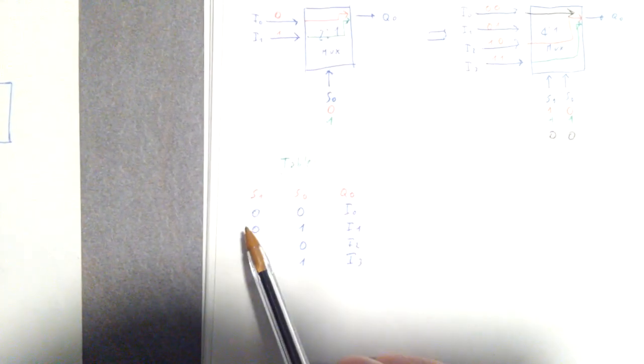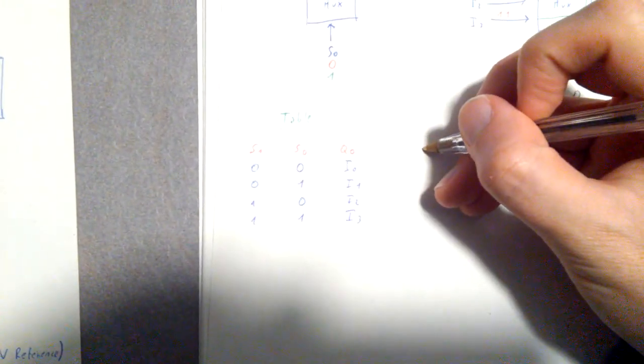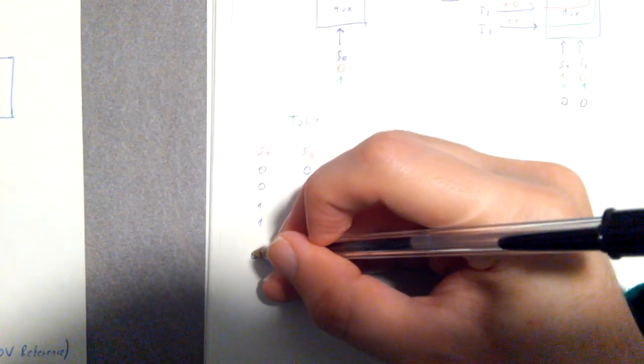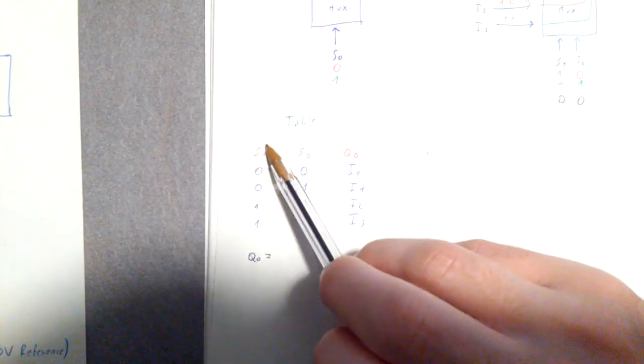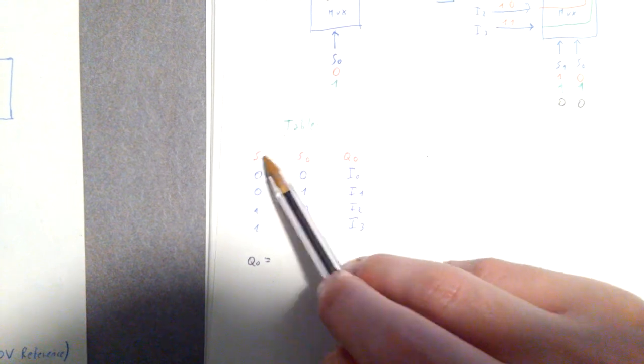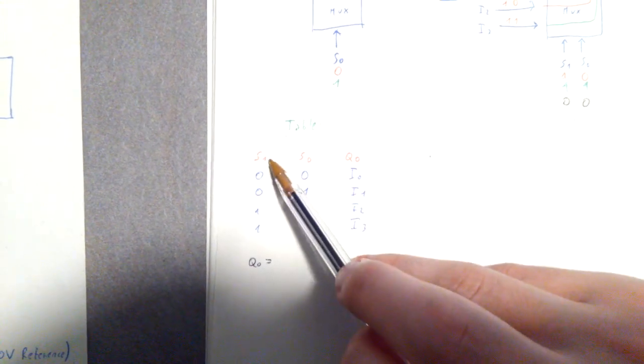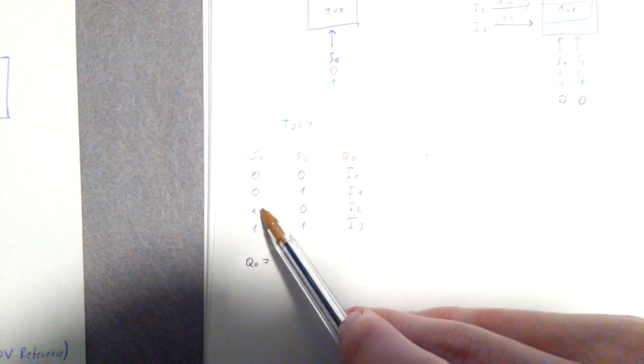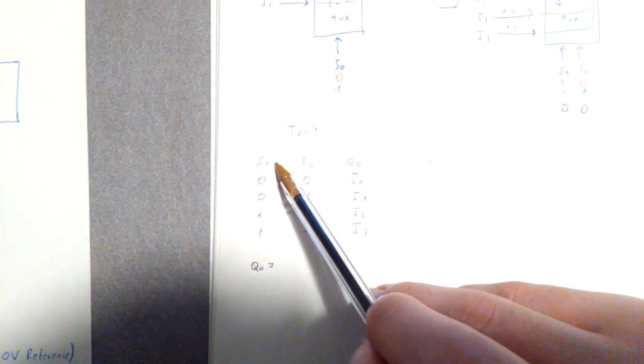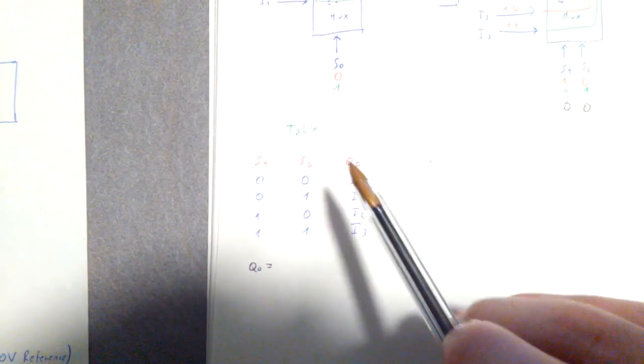So what we're going to get is, for our final output Q0, if S1 and or S0 are 1, then we're just going to put S1. Otherwise, if they're not set to 1, we're going to put those with a big fat not at the top.